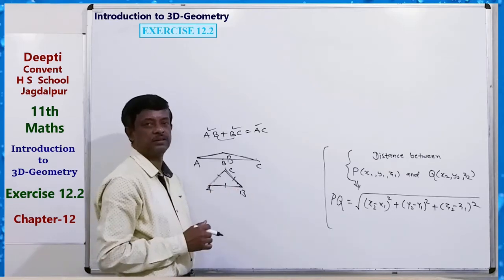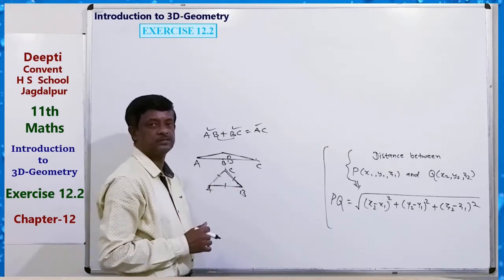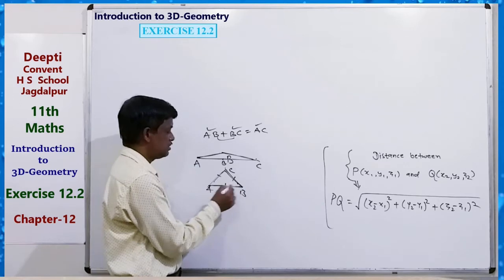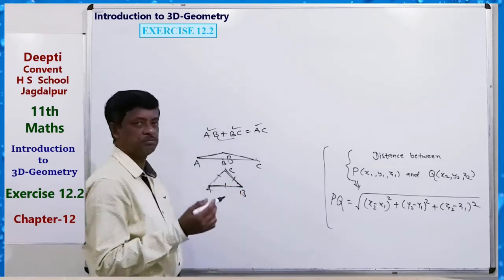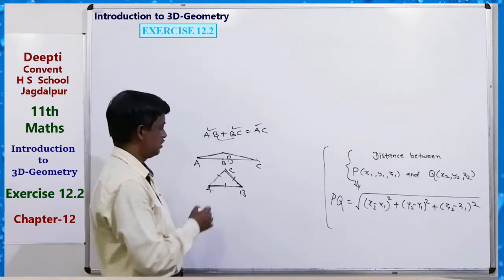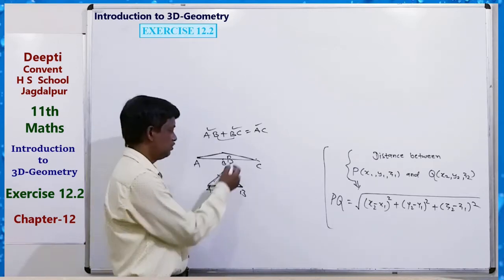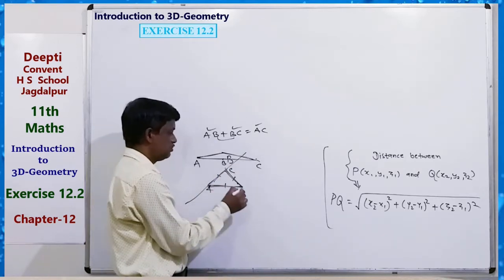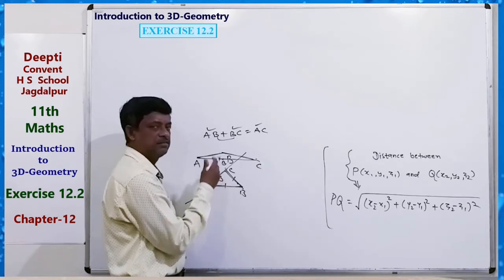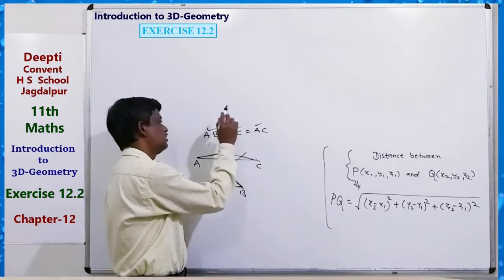That means this distance plus this distance is equal to this distance, so point B will lie on the line, collinear. So this is one technique.